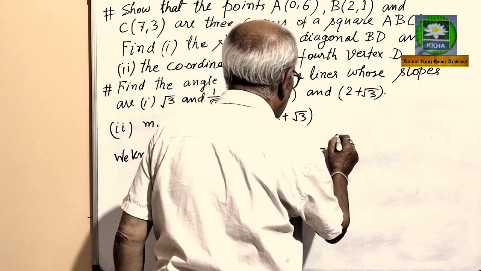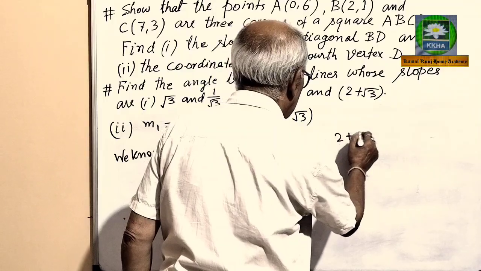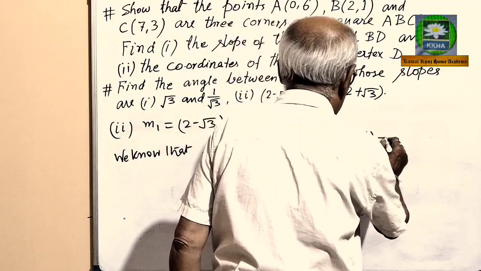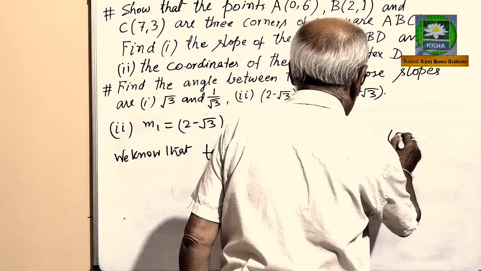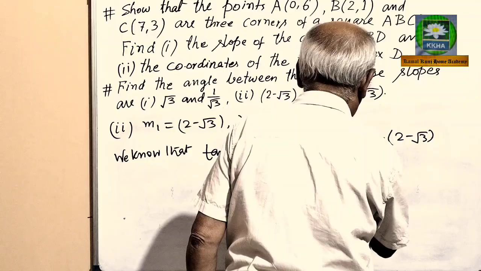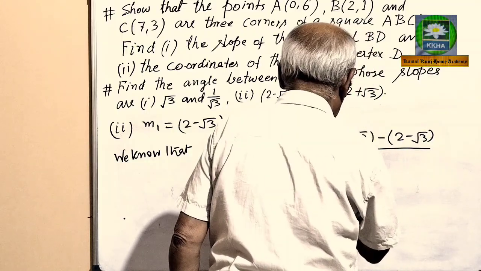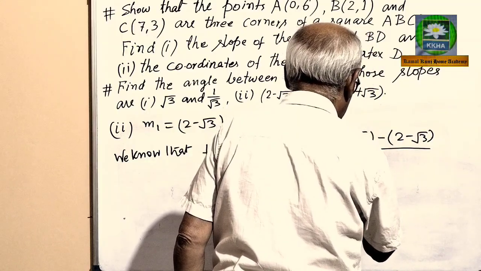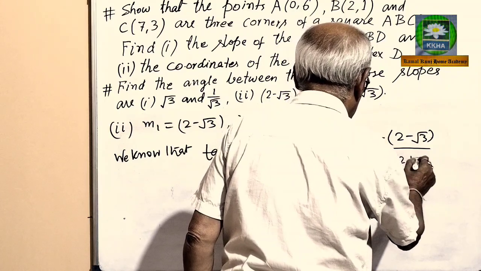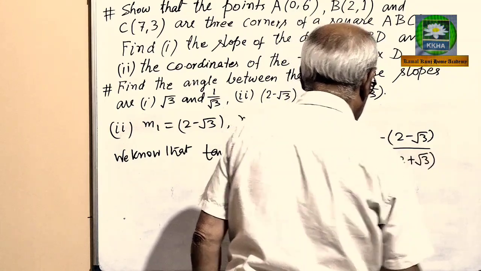Here m2 is 2 plus under root 3 minus 2 minus under root 3 upon 1 plus 2 minus root 3 into 2 plus under root 3.